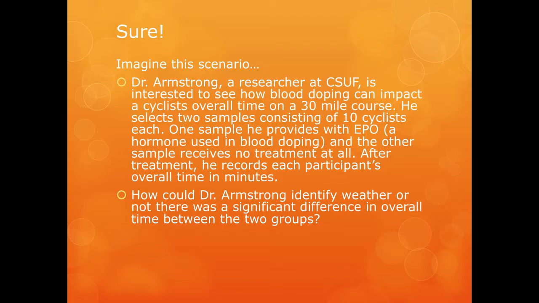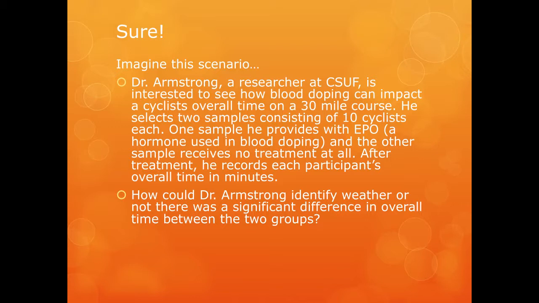Now, what are we trying to identify? What does the researcher here want to find out? He wants to see if there's a difference between the two groups. So what does that mean? Do we care if the doping group is going to do better? No, it doesn't say that. What he says is if there's a difference between the two groups. Since we're simply looking for differences, that means that this is going to be a two-tailed test.